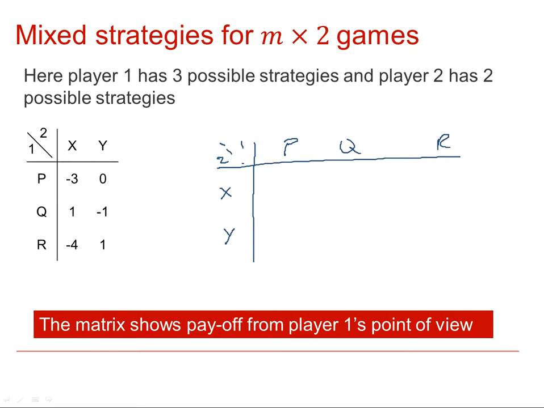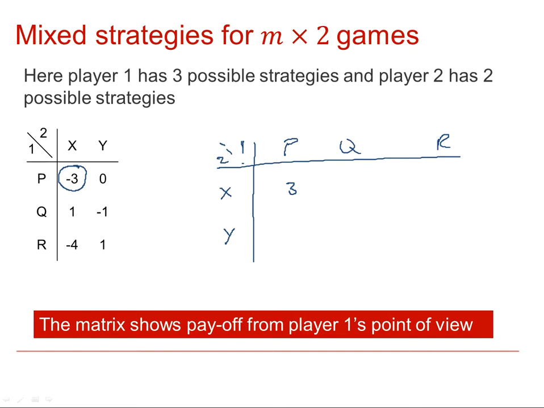Now from player 2's point of view, their potential gains are going to be the negative of the values that we have here. So if player 2 plays X and player 1 plays P, the gain to 2 is going to be 3. 1 is losing 3, therefore 2 gains 3.